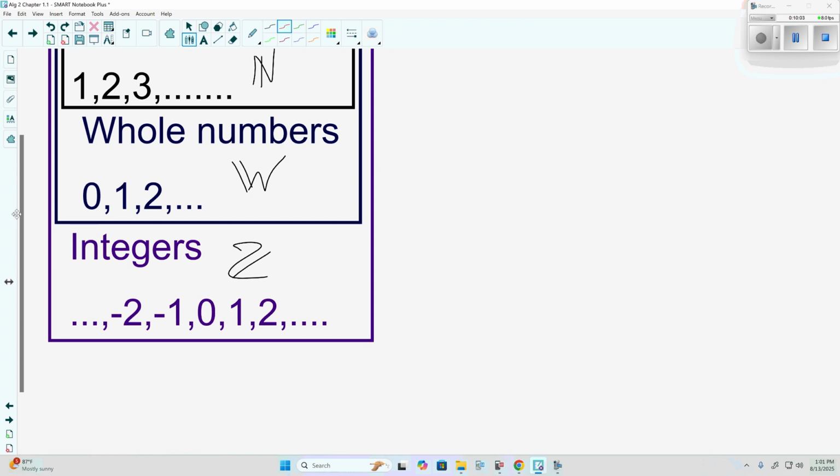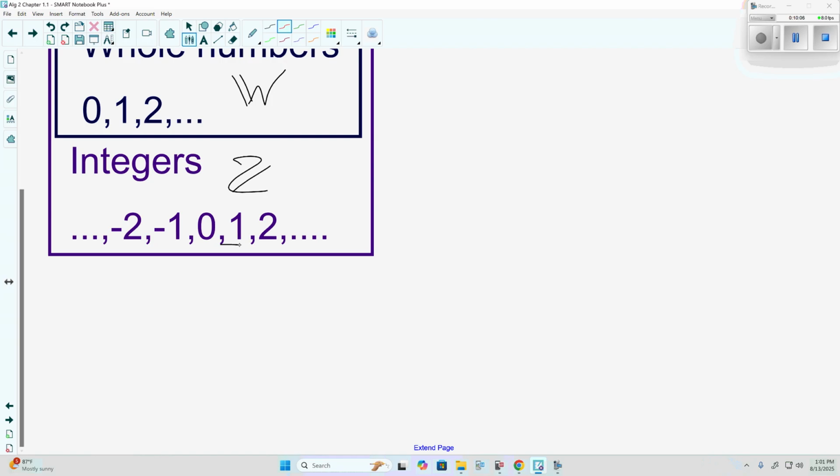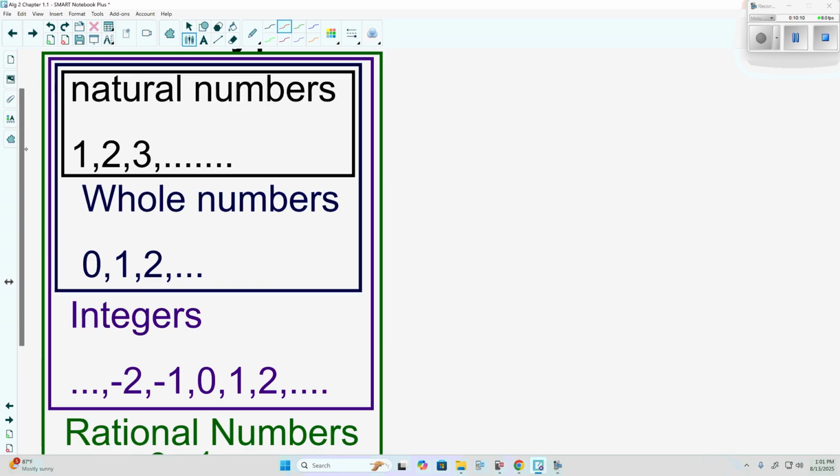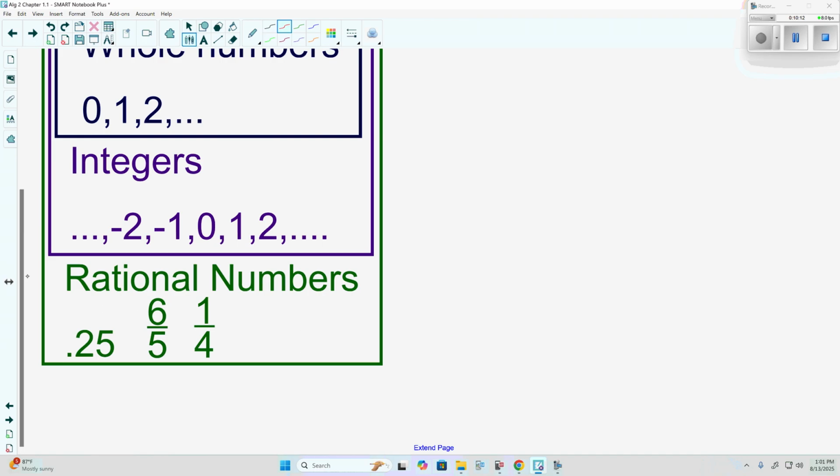Now, the next thing we need to add, or the next thing we're missing, is really the numbers between our numbers here, which are going to be our rational numbers, our fractional numbers, any number that can be written as a ratio of two numbers is our rational number. So now we're adding numbers between 0 and 1, 1 and 2, between these points. Any number that can be written as a fraction is a rational number.